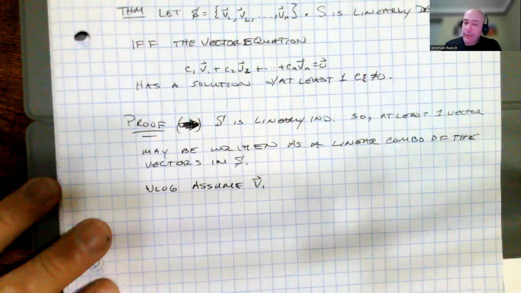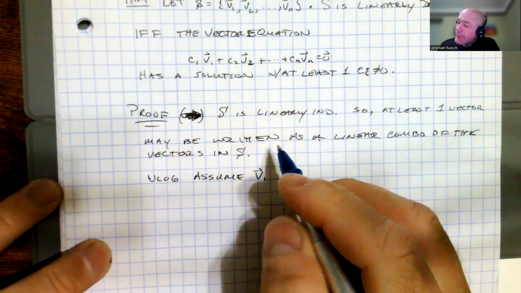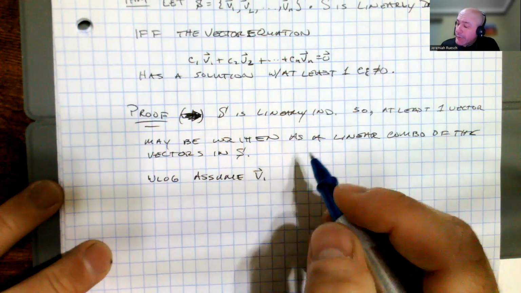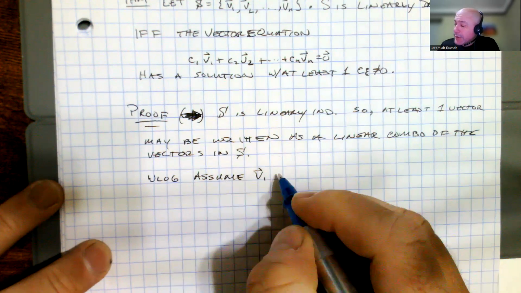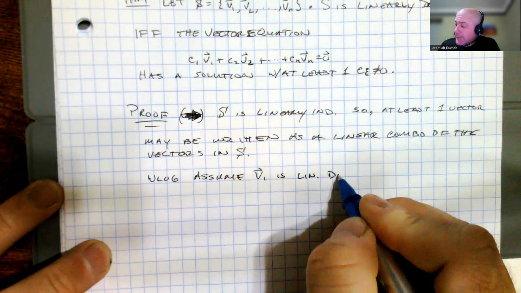We don't know how many there are, it could be more than one, but we just need to know that one. So we assume v1 is linearly dependent.